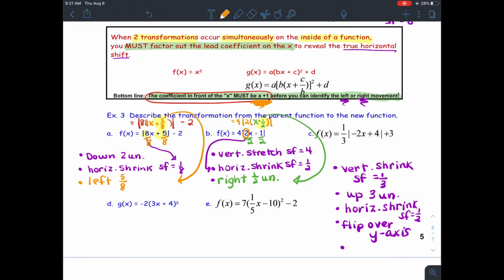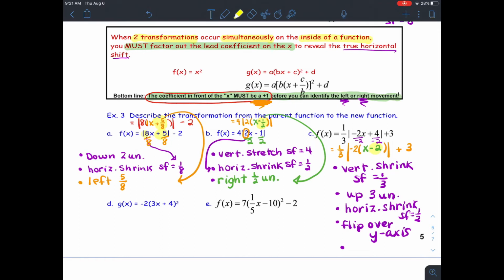Now I have one last thing to write down for this, but it's not going to be going to the left 4 units. This is where I now am going to take this problem. Anything that was on the outside stays on the outside, but I'm going to take my lead coefficient of a negative 2, and I'm going to divide each of the terms inside here by a negative 2, and that gives me a positive x, but look at what this part becomes.